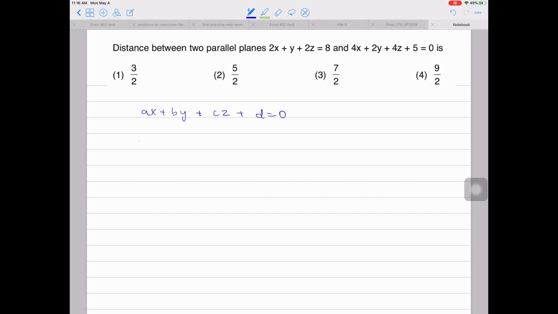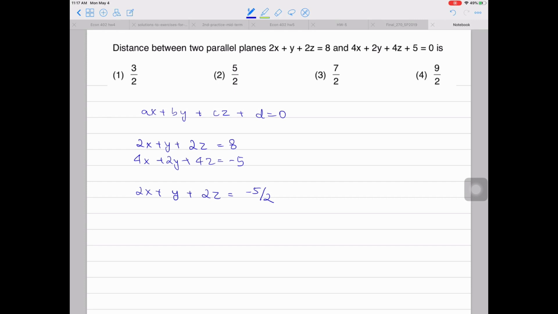So this is 2x plus y plus 2z equals 8. For parallel planes, the terms a, b and c should be multiples of each other. So the second equation can be divided by 2 to get the same values. When we divide the second equation by 2, we get 2x plus y plus 2z equals minus 5 over 2.